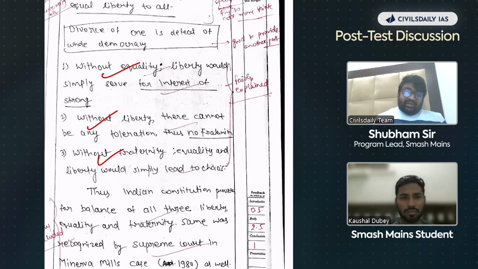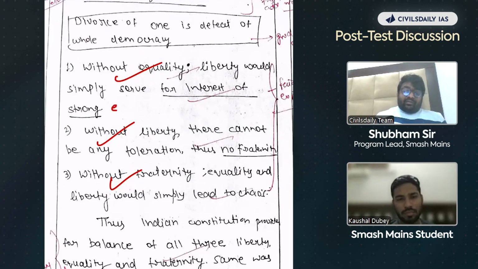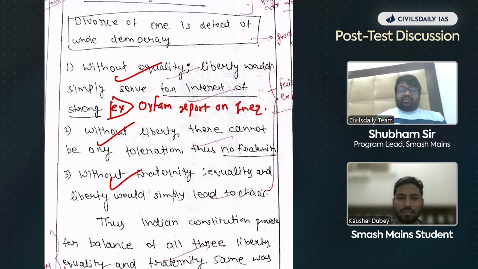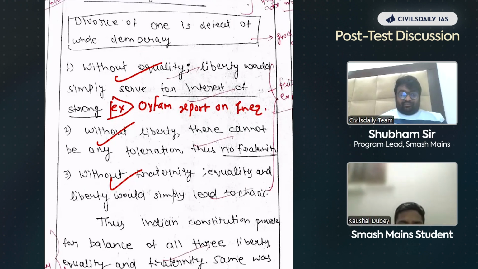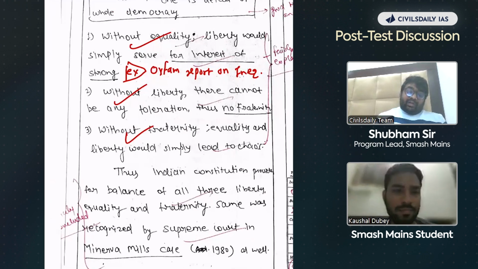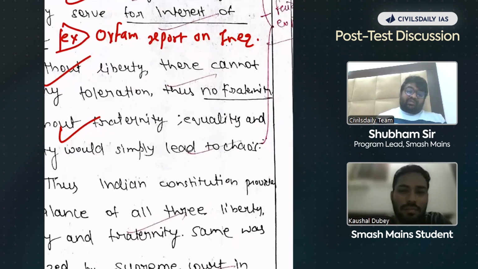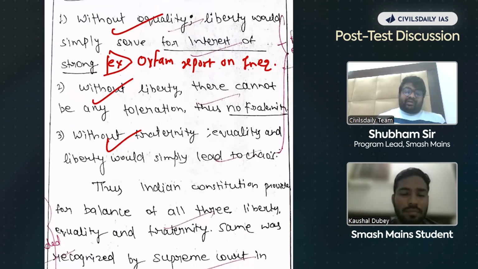Yeah, but again we can explain with an example. Tax family put on inequality. Right. Without liberty, there cannot be toleration and no fraternity. ठीक है?